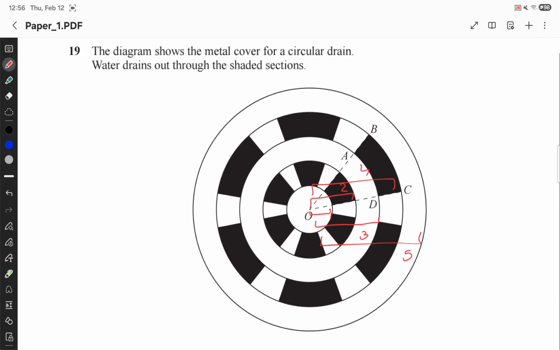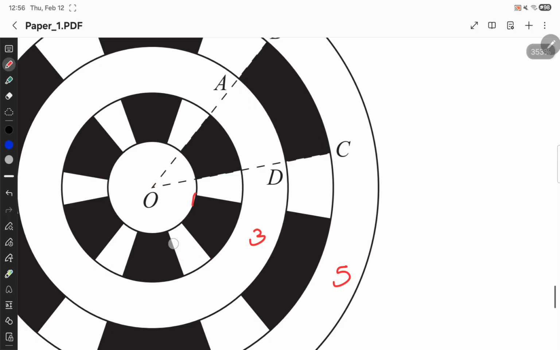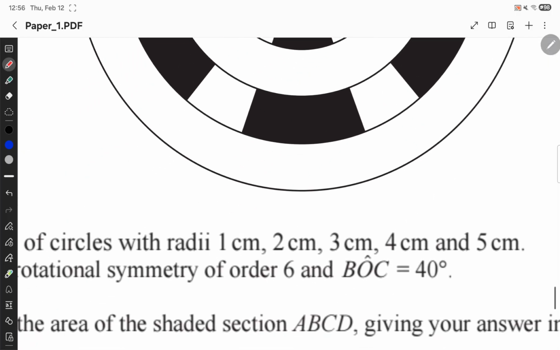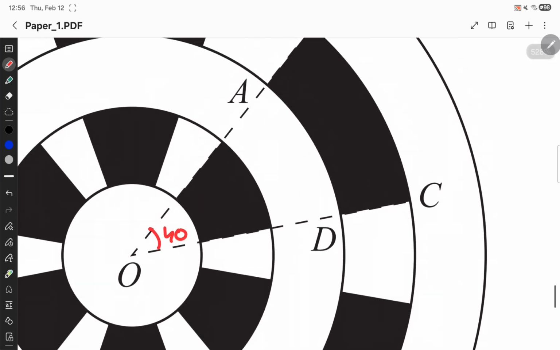We are given this has a rotational symmetry of 6, meaning if we find one of the sectors, you can just multiply it by 6 and get the answer. We know this angle is 40 degrees, which makes it a bit easier to work with.